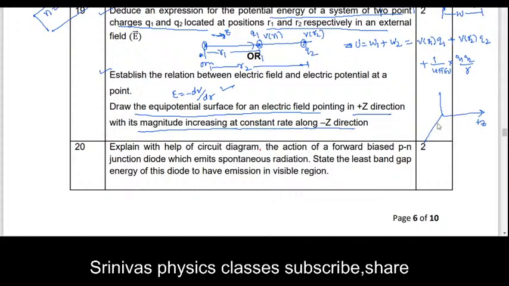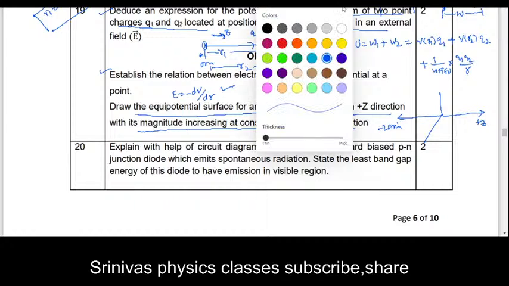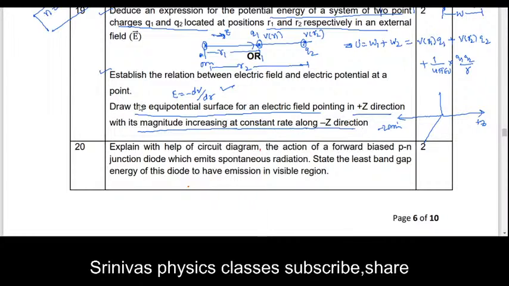This is the positive z-axis, this is the negative z-axis. Now what is happening here? What do we have to indicate here? Draw the equipotential surfaces. These are the equipotential surfaces, but the distance should decrease as they go to the left side.